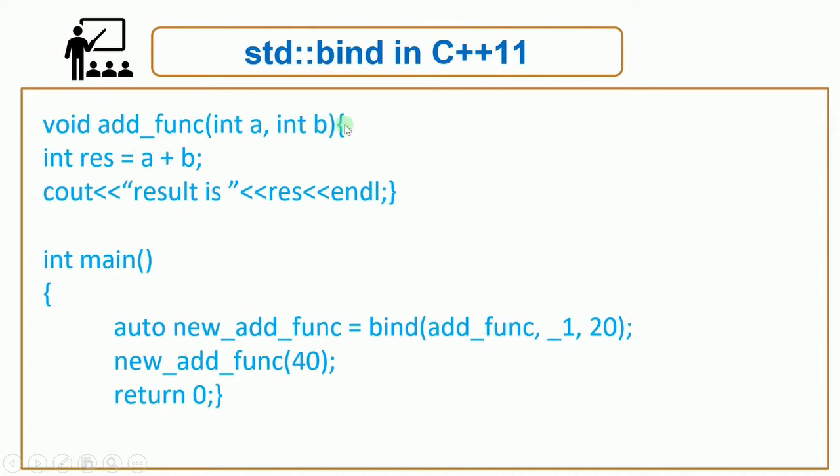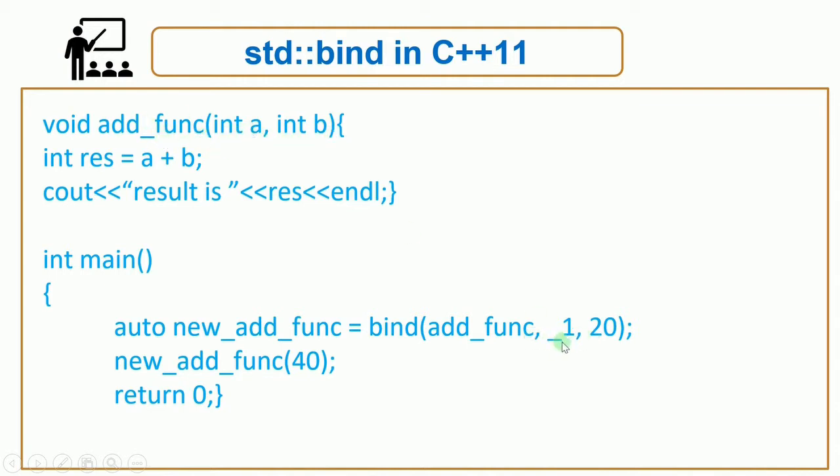How many arguments are there in this function? Only two arguments. So you also have to take care that there are two arguments. Maximum how many placeholders should be present? Maximum it can take two placeholders, _1 and _2. It cannot take three placeholders because you have only two arguments in this function.